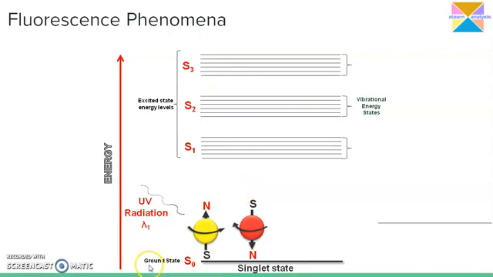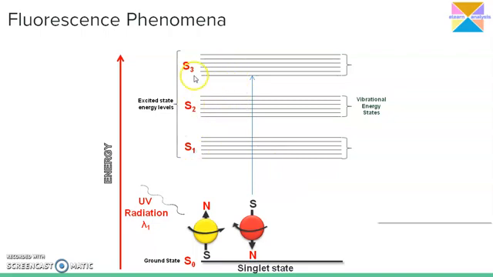So this S0 is the ground state where these electrons are always present, and the moment they take up the energy in the form of visible radiation of lambda 1, they tend to jump to the higher excited states.